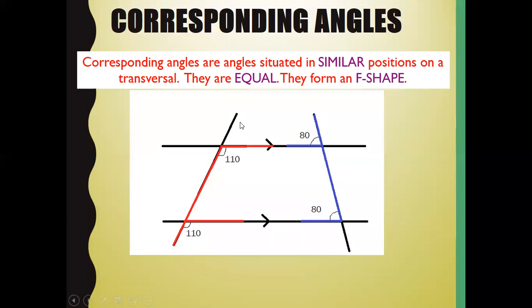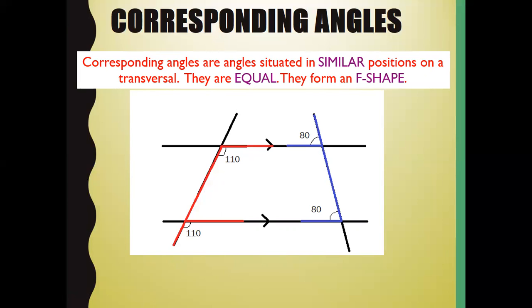You can see this transversal here that cuts these two parallel lines. It's on the right side of the transversal, and it's below this first parallel line. So I call this 110 here right below. I just use an acronym for it, RB.